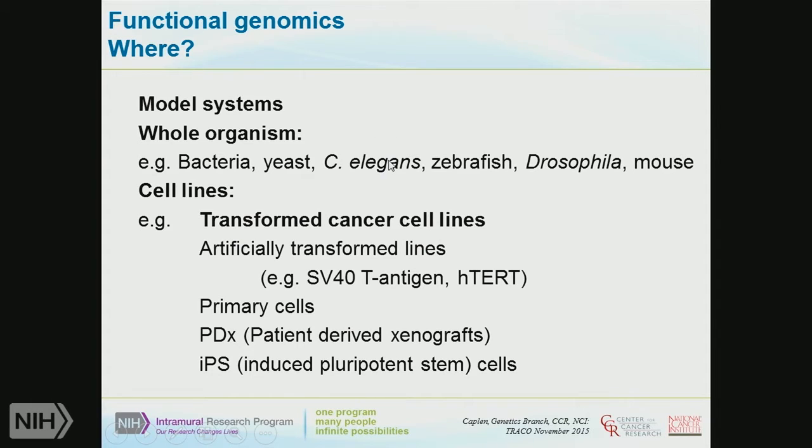And then more increasingly, we can do these analyses on whole organisms that are much larger and more complex, from C. elegans all the way through to mouse. But today I'm going to just discuss transformed cancer cell lines. Most of the methods I'm going to talk about are increasingly being applied in other types of model systems.